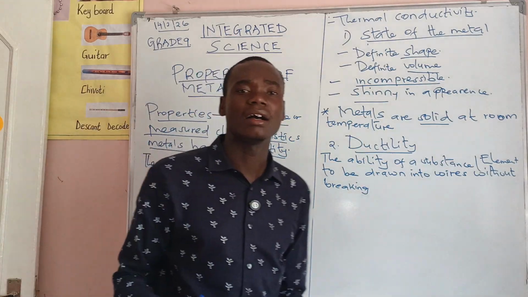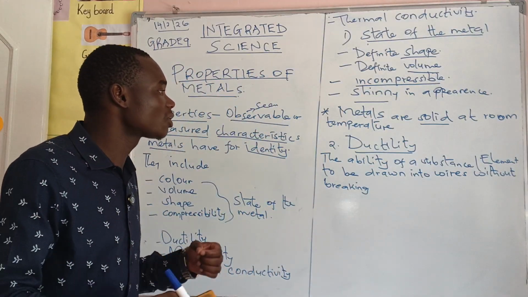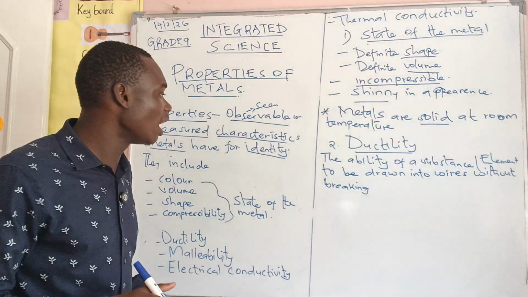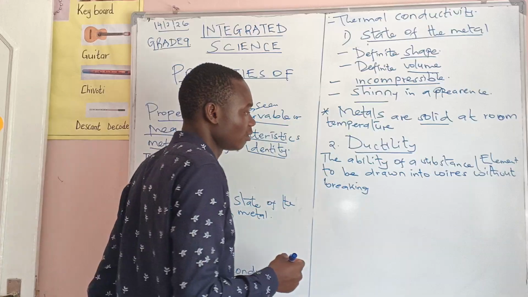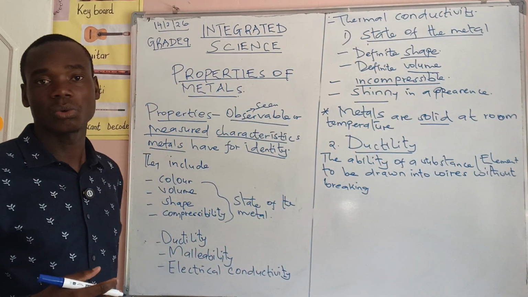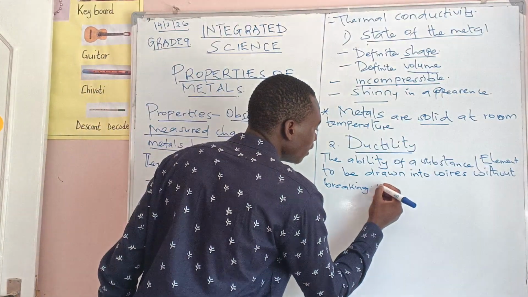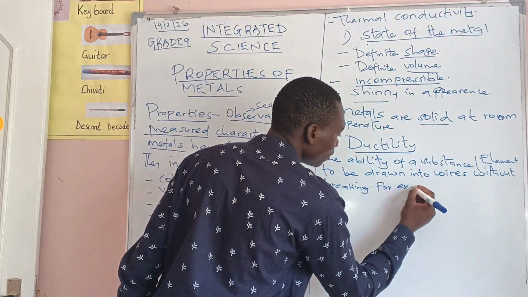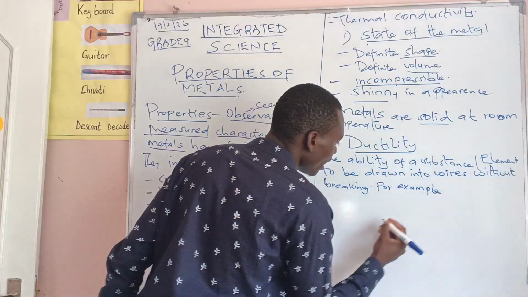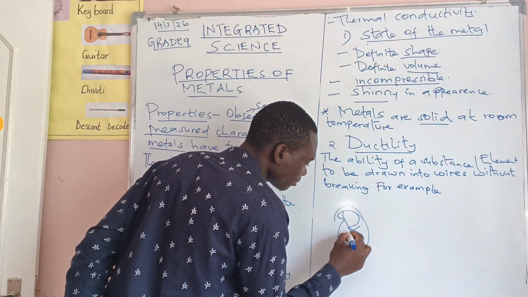When I have a metal and I want to draw that particular metal into wires without breaking, that is what we call ductility. For example, let's say I have copper as a metal.